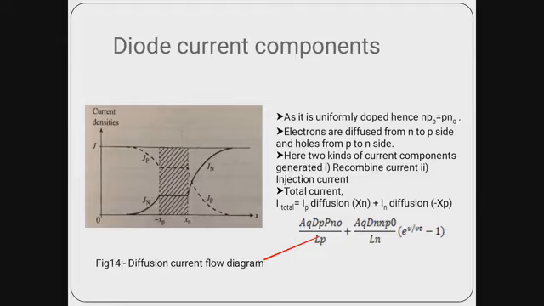A is the area, q is the charge, and Dp is the hole diffusion coefficient, and pn0 is the number of holes in the N-type semiconductor, and Lp is the diffusion length, how much distance has been covered.